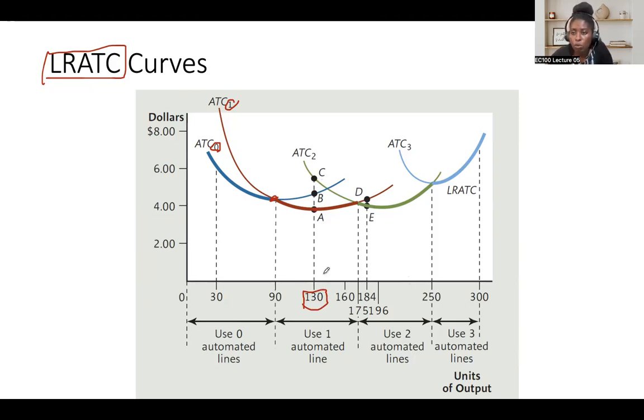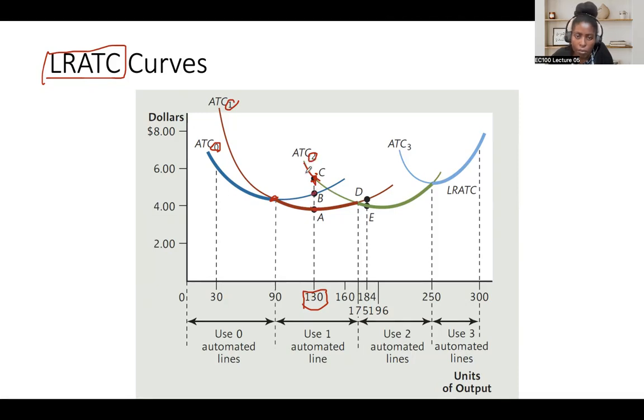So for you to have 130 cars washed, you have many options, okay? There is this one. This is where there's this point. So any point here, all this will give you 130, right? But then this one is when you have 2 automated lines and the rest is laborers, right?